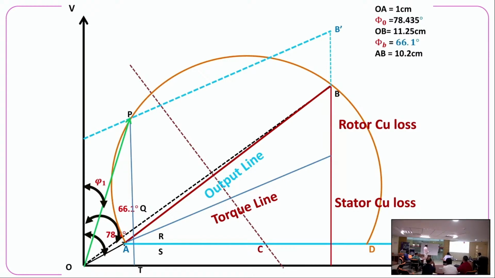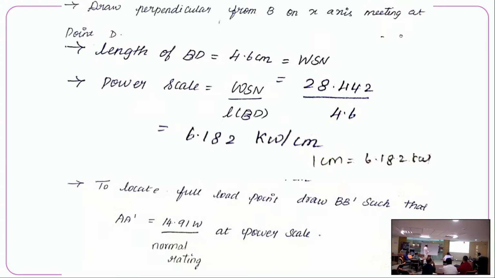P is the full load point. Locate the full load point from B dash.